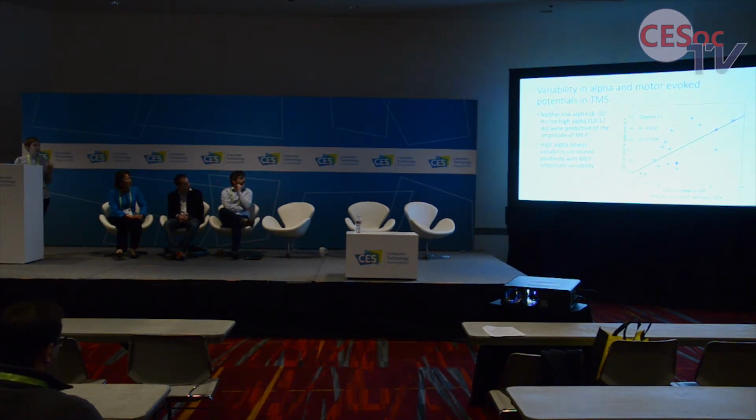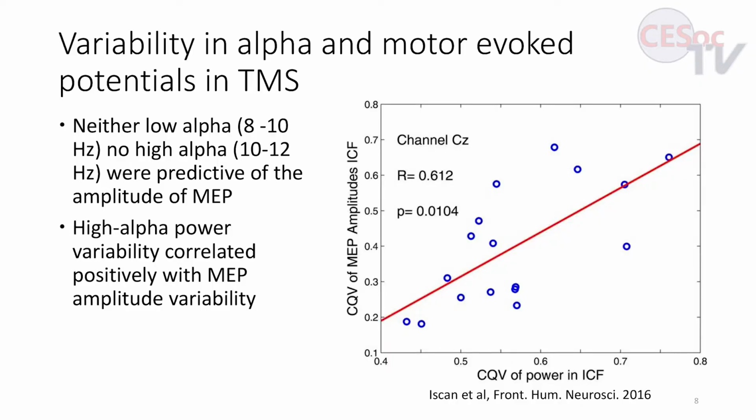Yet another study comes from transcranial magnetic stimulation paradigm, which is a very interesting field, and it was observed that with the same transcranial magnetic stimulation, which can induce some motor movements, we observe very high variability in amplitudes of motor evoked potentials.